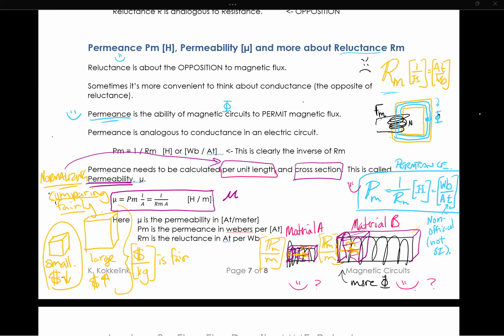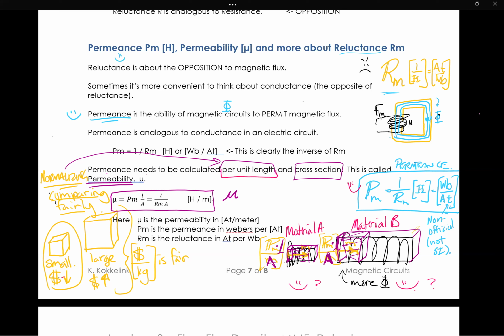All right. So what we have done is we're going to look at this per area, for a given length in meters.